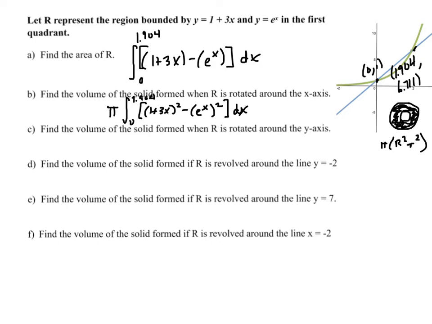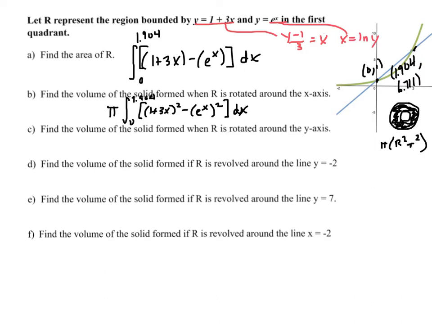Now, if I were going to rotate around the y-axis, well, the minute you start rotating around something that's vertical, then we need to change our equations to be x equals equations. So let me just do that over here. We'd have (y minus 1) divided by 3 equal to x. And this one would be x equals the natural log of y.